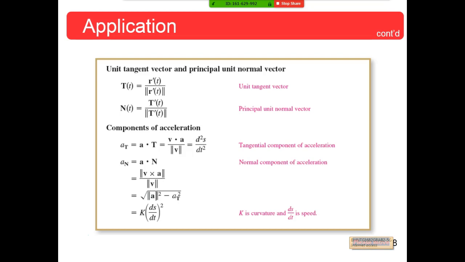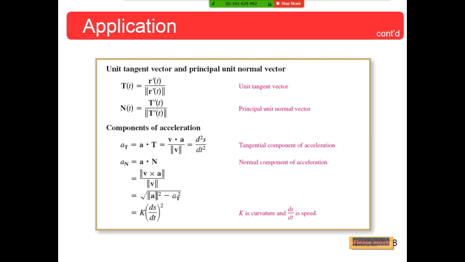It's the derivative of your unit tangent vector divided by its magnitude. Now, those are pretty simple formulas to write down. They can be a bear and a half to do, because anytime you're taking a magnitude of a fairly complicated vector, which is a derivative of your unit tangent vector, can be pretty complicated. That's a mess in itself.